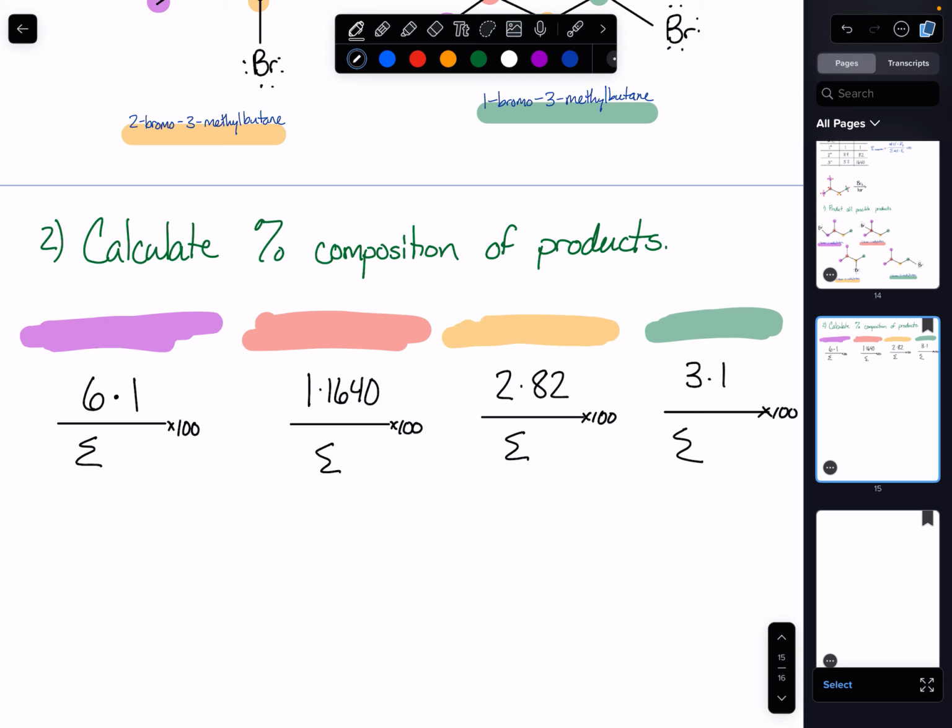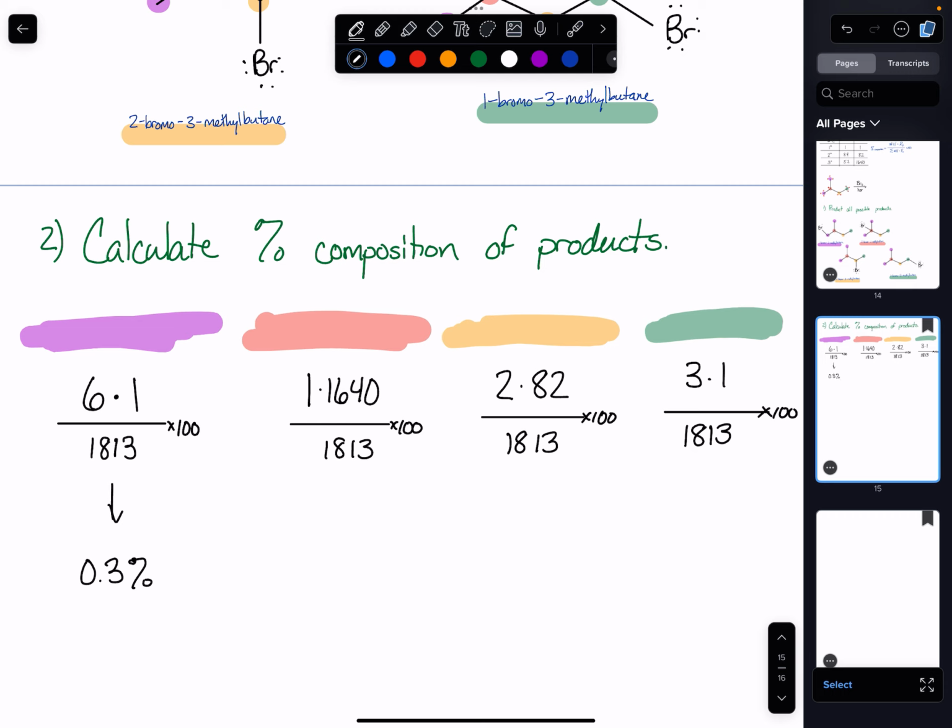So my sum is 1813. So I'm just going to replace my sum here by the sum of all those values, the 1813. All right, so 6 divided by that times 100.